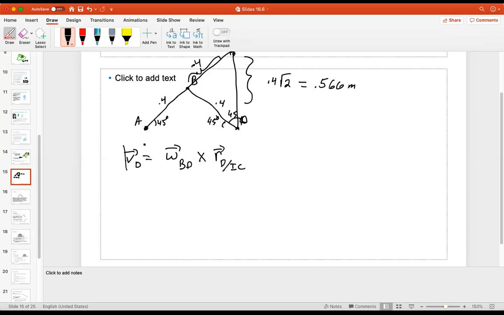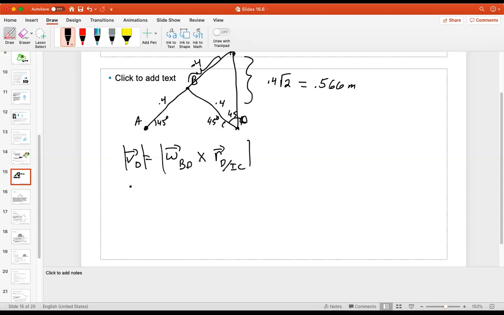And if I take magnitudes of everything, remember the angular velocity points in the z direction, so it is perpendicular to the radius here. So there's no sine of theta in the magnitude formula. It's just going to be omega times r.